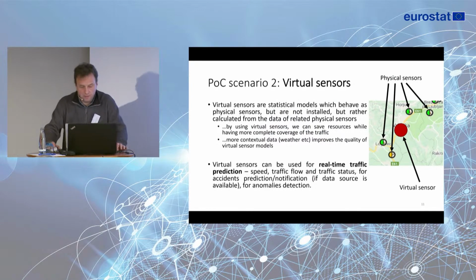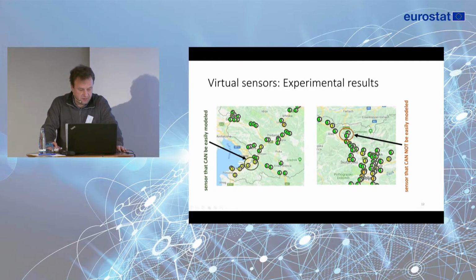Here's a real example: an area close to Trieste, which is pretty dense and highly predictable. Here this is pretty easy, and we can build this virtual sensor easily and very reliably. While if we have an area which is not really populated, these are the Alps, if you try to construct a virtual sensor, it wouldn't work well.